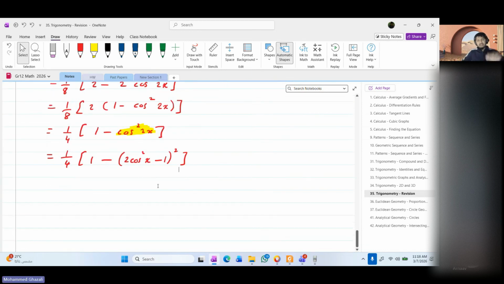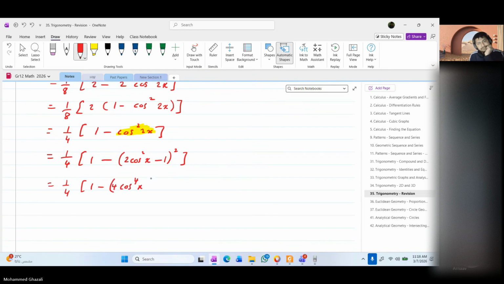Okay, I'm just going to simplify and see what I'm going to get here. That's a quarter into 1 minus, squaring this, I'm going to get 4 cos 4x. Multiplying these two binomials out, I'm going to say minus 4 cos squared x. Why?